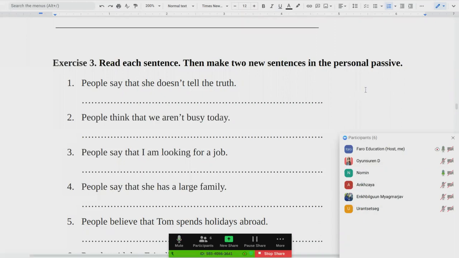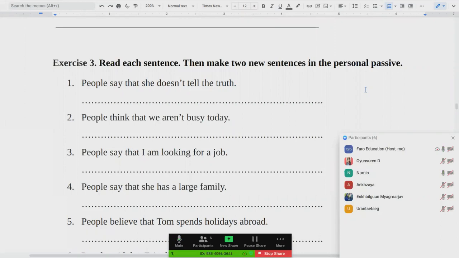People say that she doesn't tell the truth. It is said that she doesn't tell the truth. She is said not to tell the truth. Okay, good.